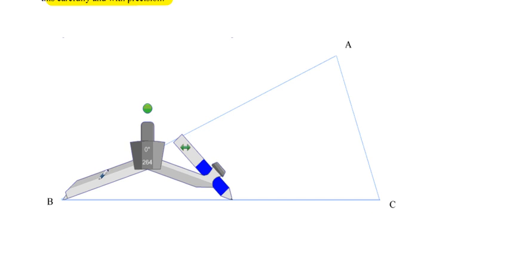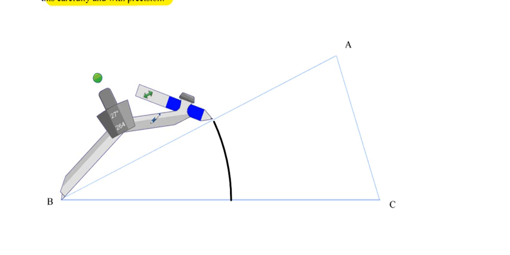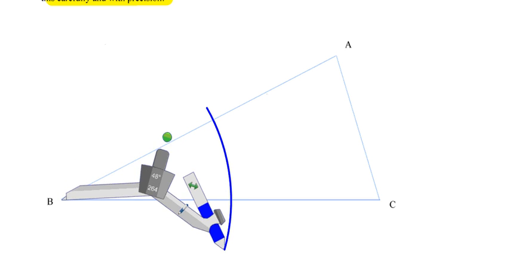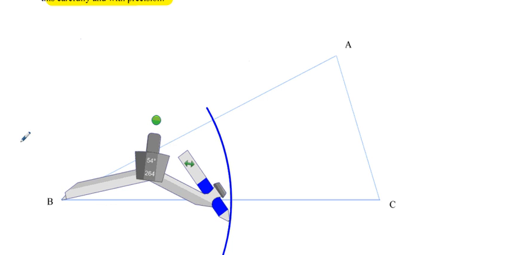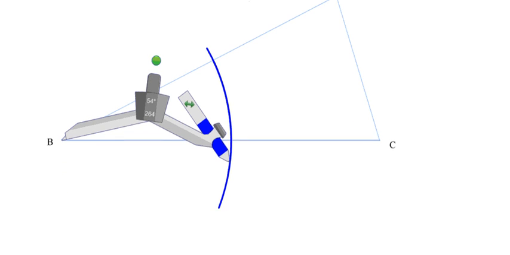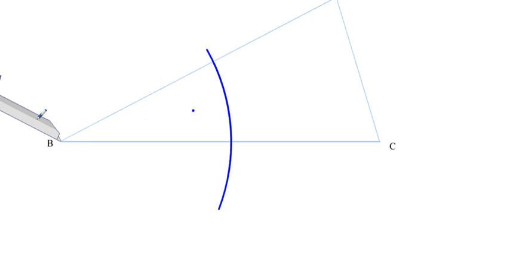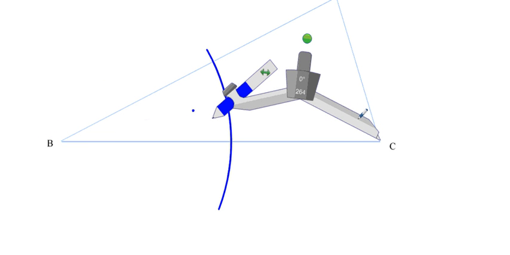So I'm going to go ahead and start out by constructing the perpendicular bisector of segment BC. In order to do this, I'm going to make sure that the point of my compass starts exactly on point B. And because I'm going to be constructing 3 different perpendicular bisectors all within the same triangle, I may do all my constructions for segment BC in blue, and then do all my constructions for segment AC a different color, and all my constructions for segment AB a third color.